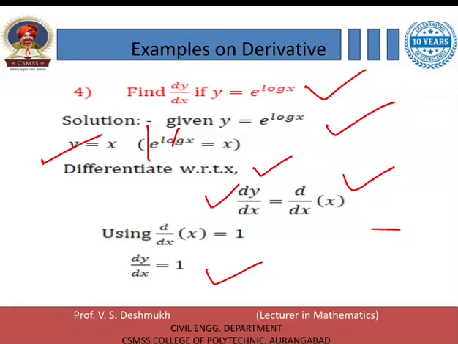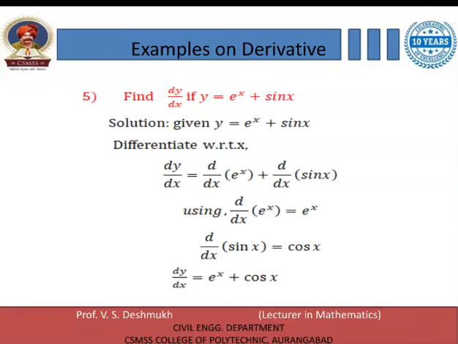Okay. Now in the next example, find the dy by dx if y is equal to e raised to x plus sin x. Here also it is a very simple example. Write down y is equal to e raised to x plus sin x, equation 1. Differentiate equation 1 with respect to x.